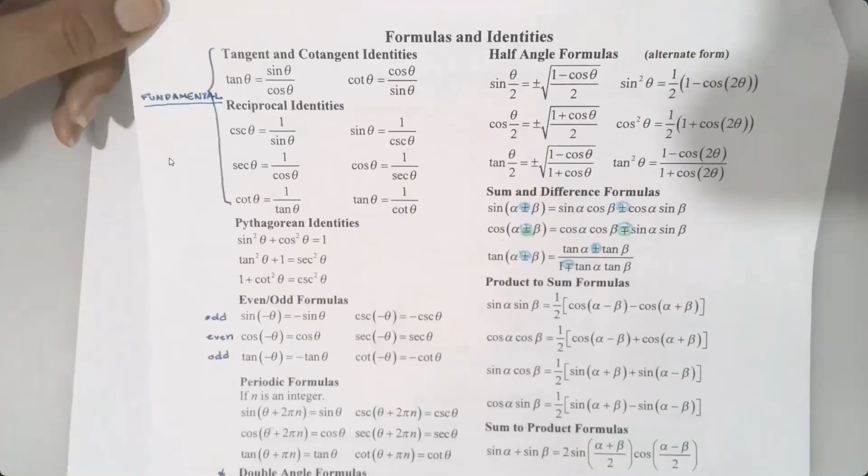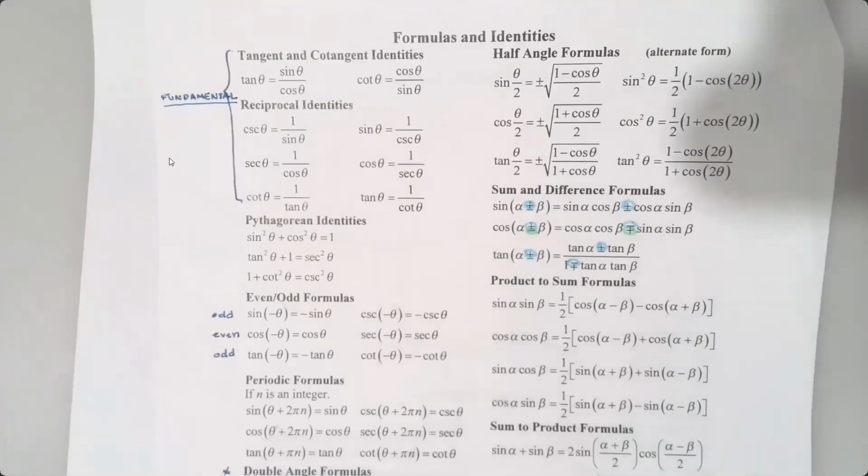I'll give you a hint. It's one of the fundamental identities. Sine over cosine. Yeah, very good.